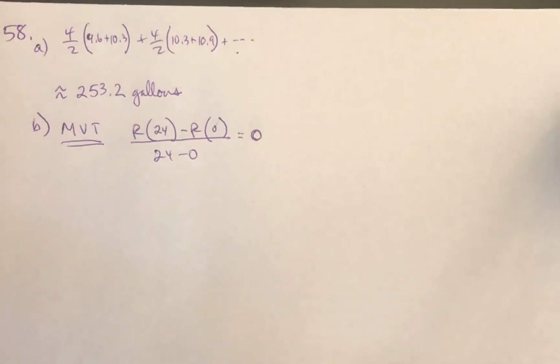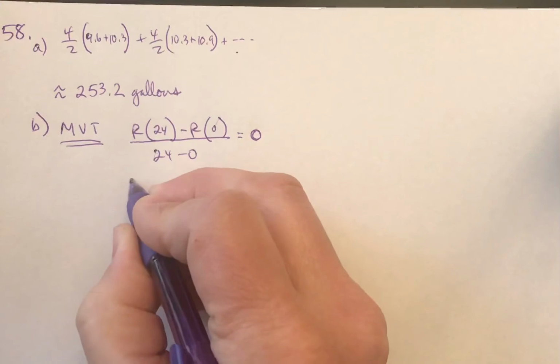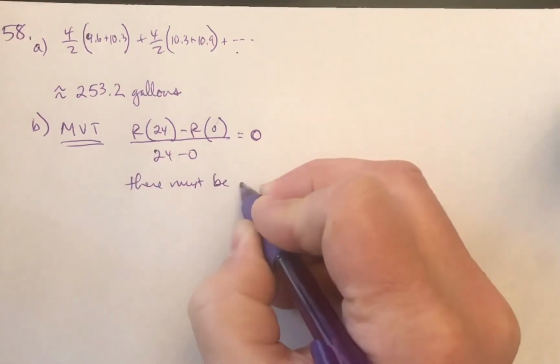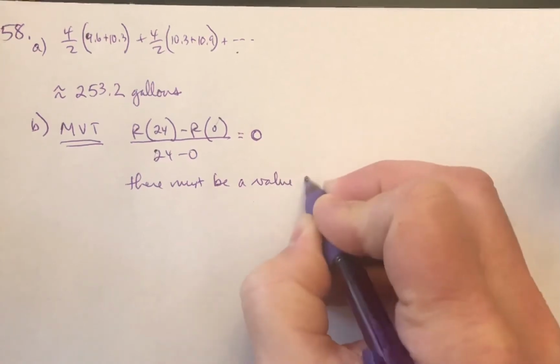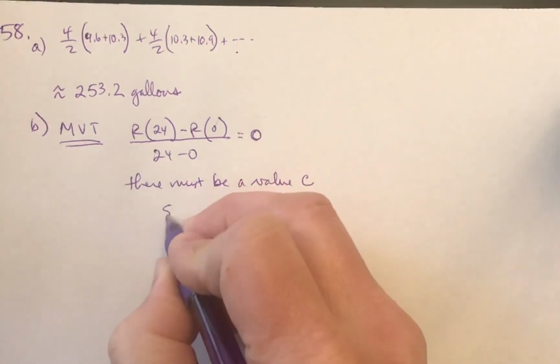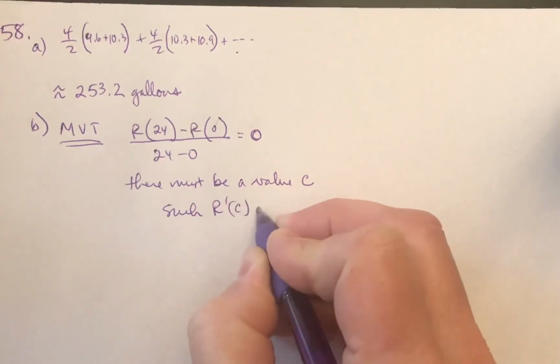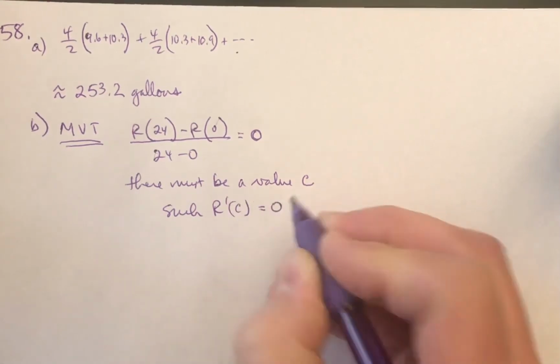And by the mean value theorem, that tells us that there must be a value c on the interval such that R prime at c gives us 0.